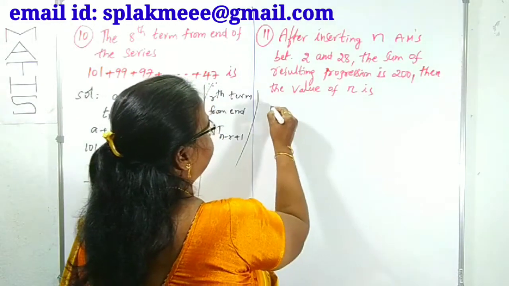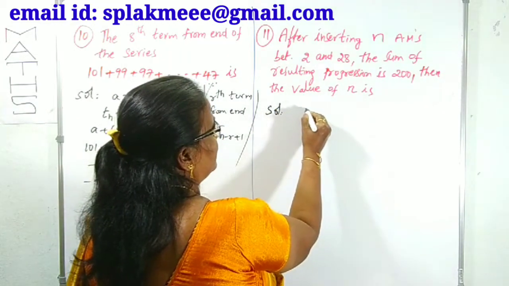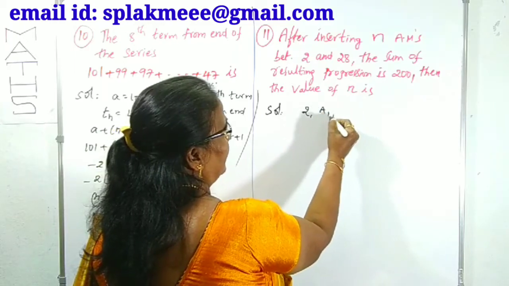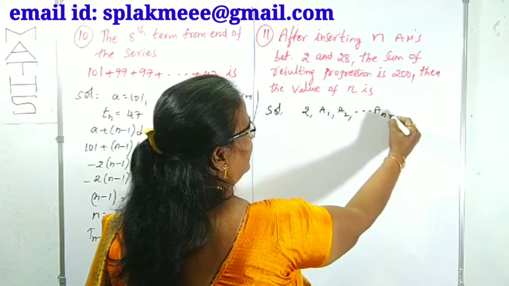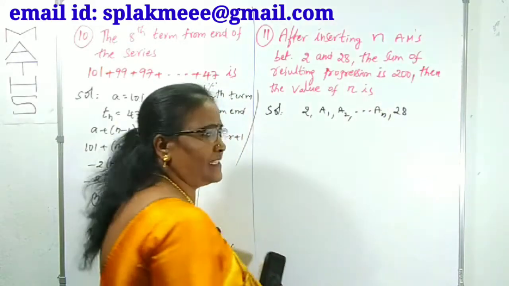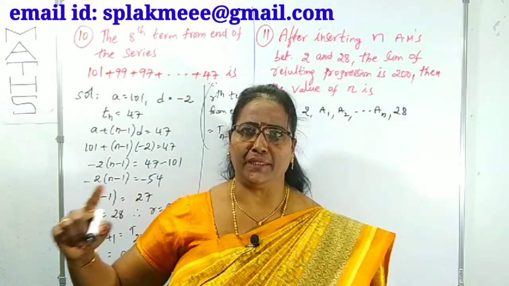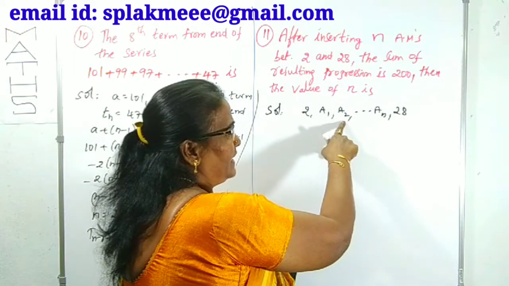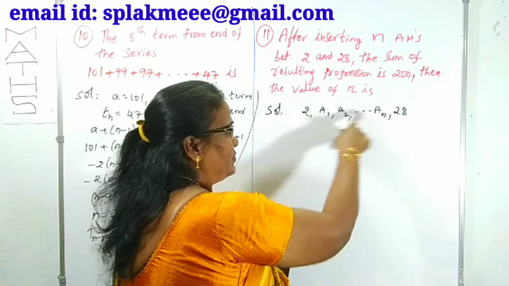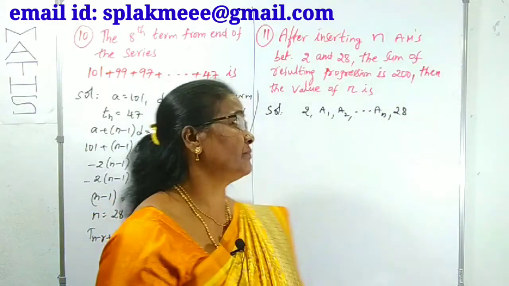It means the first term is 2, then AM1, AM2, up to n AMs inserted between 2 and 28. Like this we can take the series: 2, A1, A2, A3, up to An, and 28. There will be A1, A2 up to An, or n AMs, between 2 and 28.